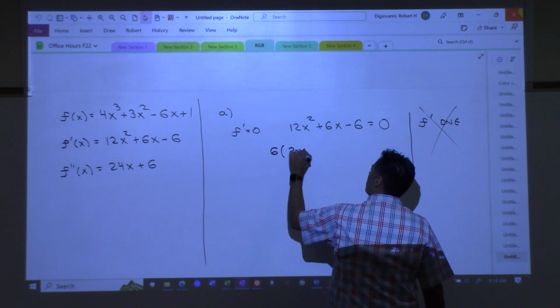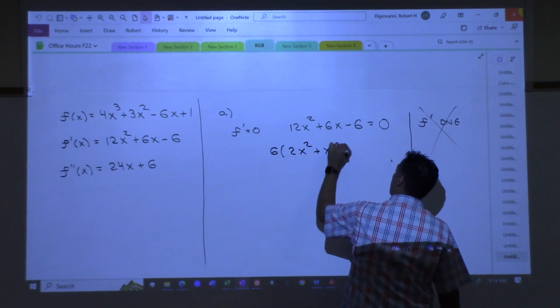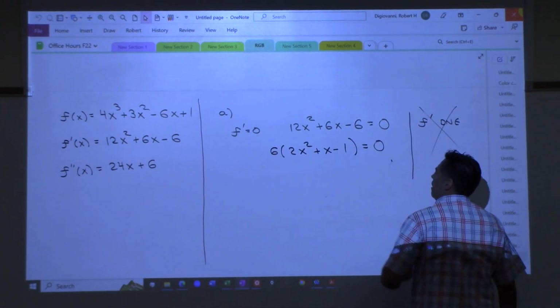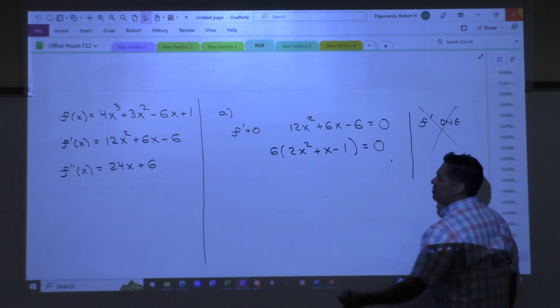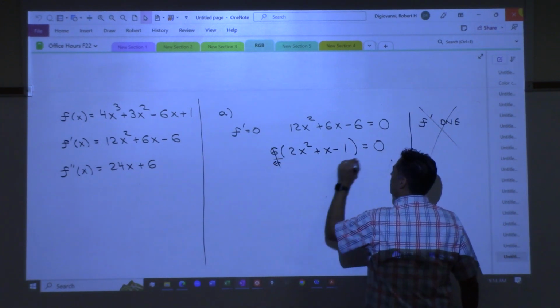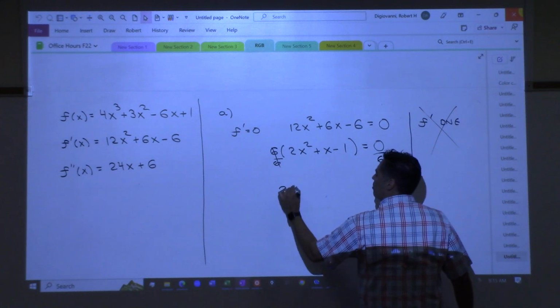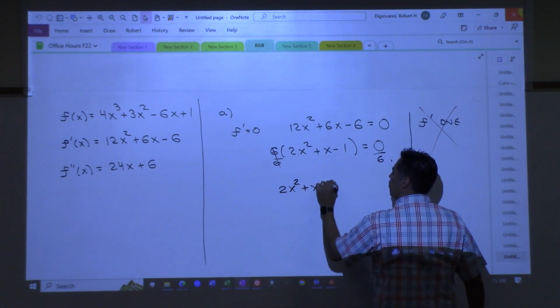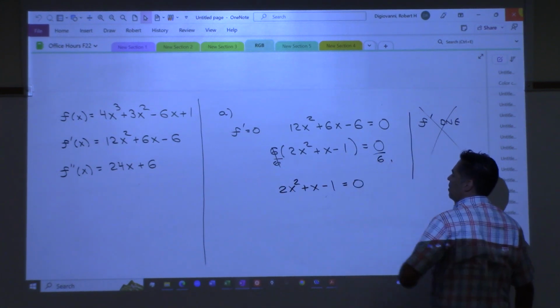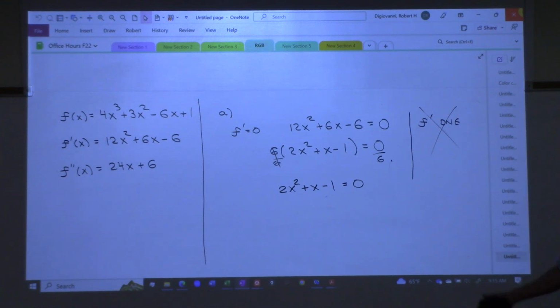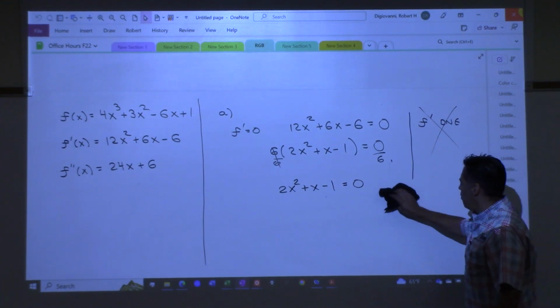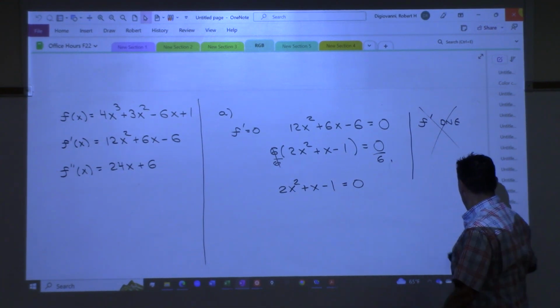And that gives us 2x squared plus x minus 1. And then I can divide 6 on both sides. I get 2x squared plus x minus 1 equals 0 still, because 0 divided by 6 is 0.